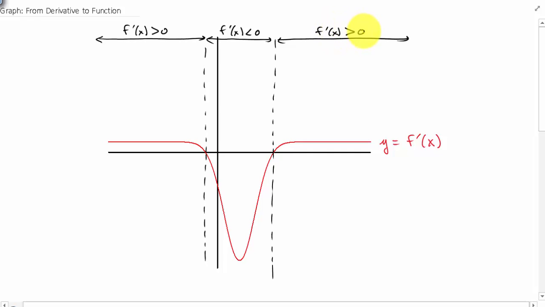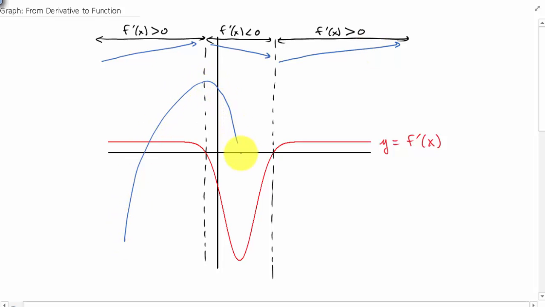All right, so what does it mean about the function? Well, if the derivative is positive, the function will be increasing right here, and then decreasing right there, and then increasing right here, okay? So I could almost draw the graph of my function. It's going to be something like that, increasing, decreasing, and increasing, right?